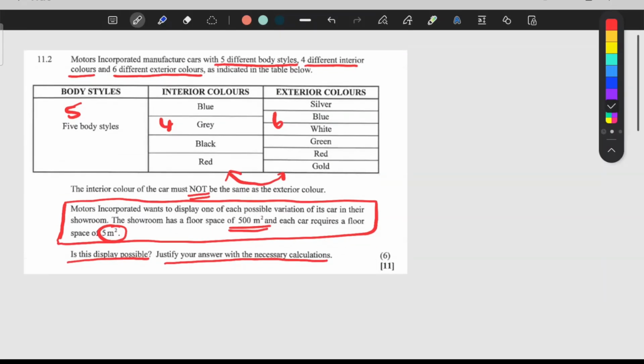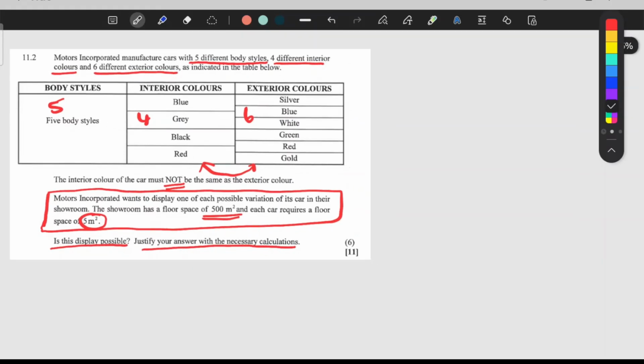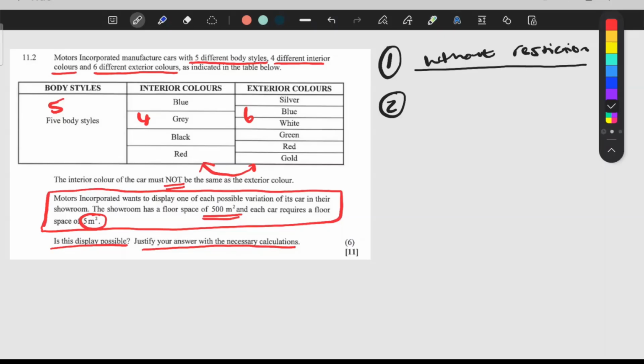First, we want to know how many cars must go into the showroom. But for a car to go into the showroom, it must meet the conditions. The interior and the exterior color can't be the same. So step number 1, I'm going to work out the possible number of cars without the restriction. Step number 2, I'm going to work out how many of the cars will break the rule.